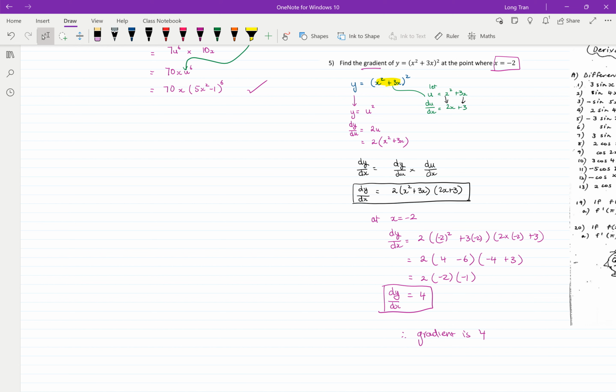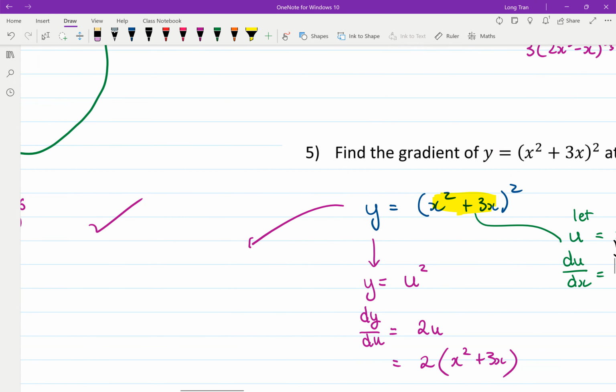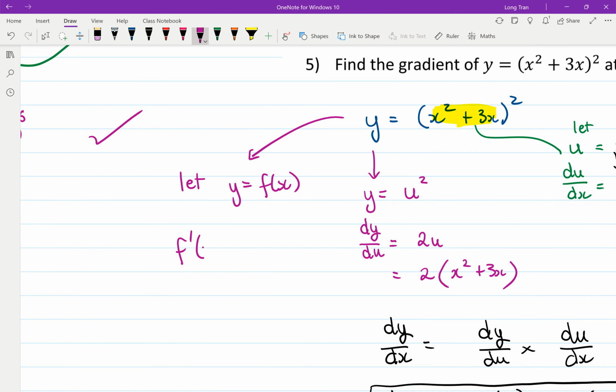F inverse negative 2. Oh, yeah, f dash. So in this question here, because they use y, I stuck with y. But you can take a step here and say, let y equal f of x, and then you could write f dash of x. That's okay, but you'd have to define it if it's not part of the question.